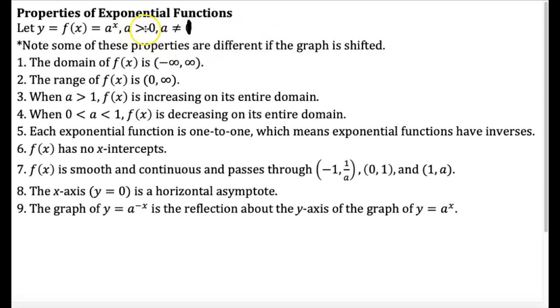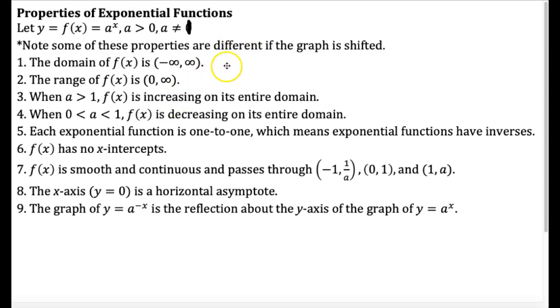The base is greater than 0 and the base cannot equal 1. Now, I already mentioned, some of these properties are different if the graph is shifted. For example, if we had a to the x plus 2 or something like that, that would shift the graph up 2 spaces. So all of these properties assume that we haven't shifted our basic exponential function.